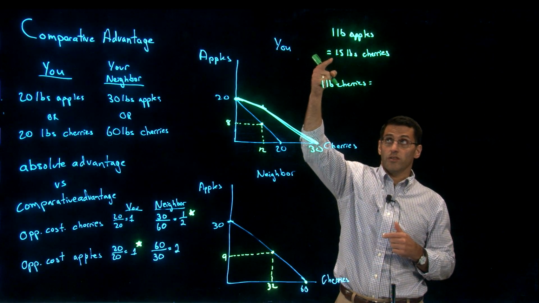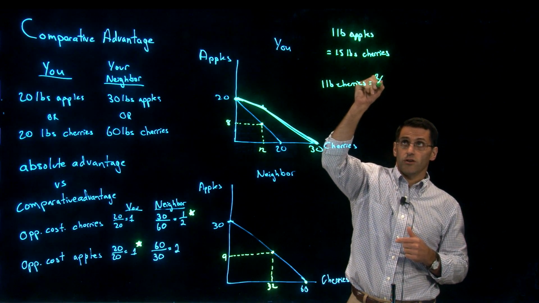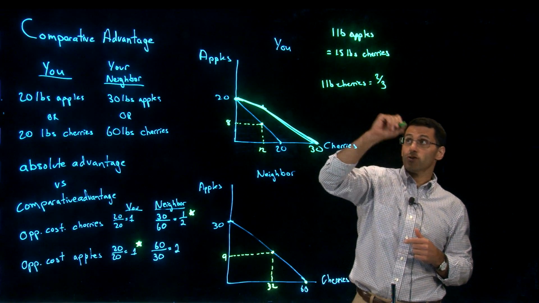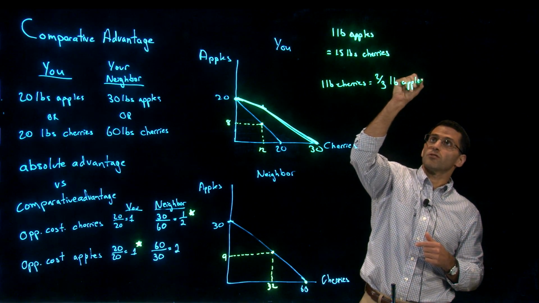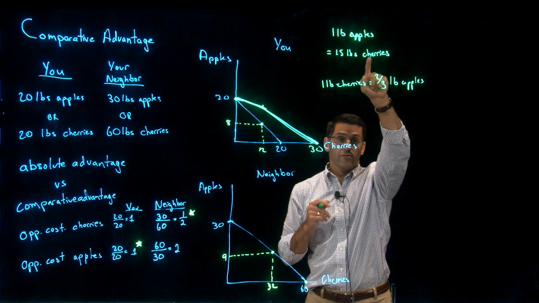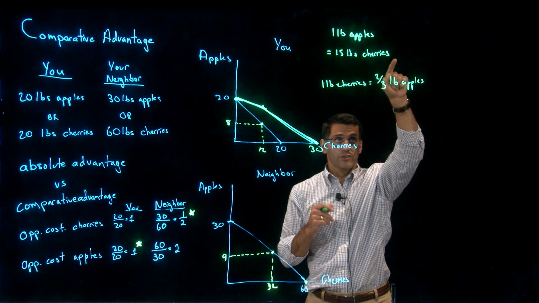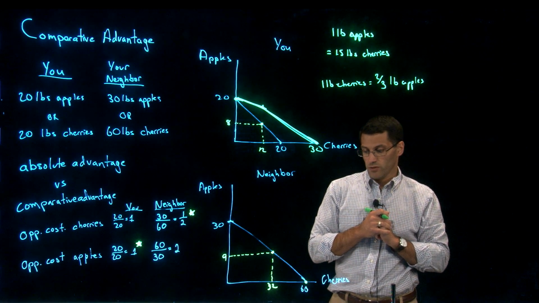Well, it's the inverse of this, right? 1.5 is 3 over 2, or in this case, you flip that and it's 2/3 of a pound of apples. Okay? If 1 pound of apples gets me 1.5 or 3/2 of a pound of cherries, then 1 pound of cherries is getting me 2/3 of a pound of apples.